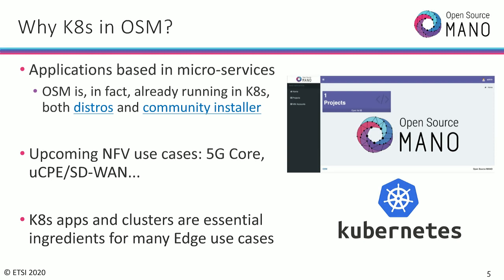In previous releases, it was possible to run it with Docker Swarm, but now in this release, we are able to run OSM not only with Docker Swarm, but also on a Kubernetes cluster. And in fact, this is one of the options that we have in the community installer. And I must say that all the distros in OSM have decided to use Kubernetes as the platform to deploy OSM.